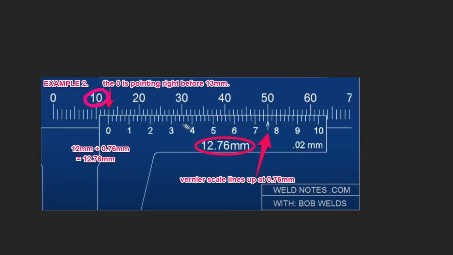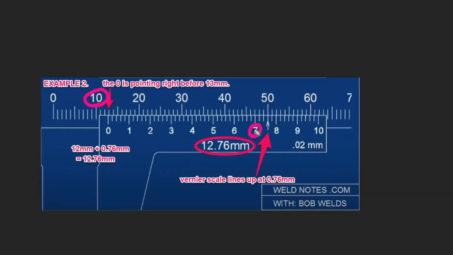So now we look at the vernier scale, right? And what we see right here is where does it line up the best in the vernier scale? If you look around carefully, you'll see that this line right here, it lines up best, right? And what is this measurement right here that it lines up with the main scale best? If you look at this, this will mark 0.70 millimeters, okay?